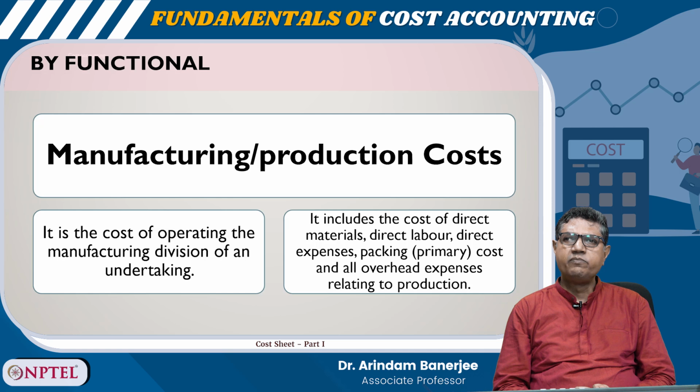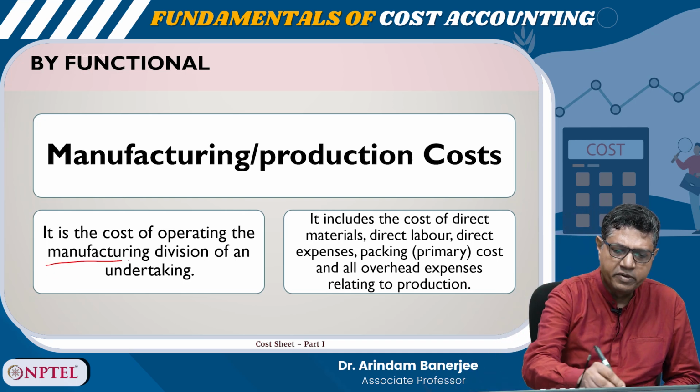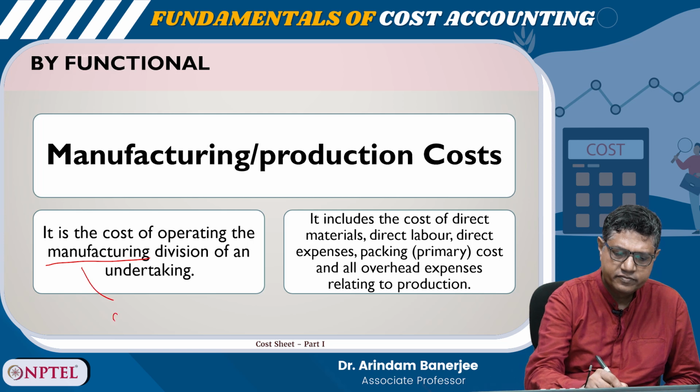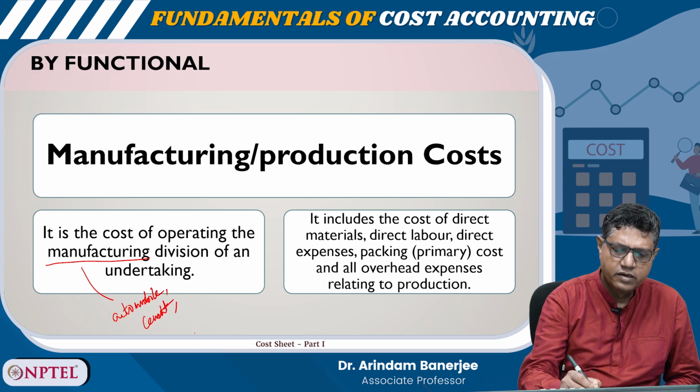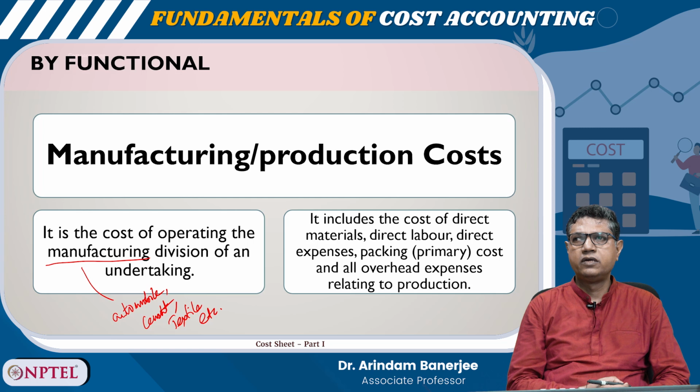So for a company which has a manufacturing division, examples of manufacturing companies may be, say, automobile companies, cement companies, textile, etc. In these companies, where the manufacturing process goes on, the cost incurred for running the manufacturing division is called the manufacturing or production cost.